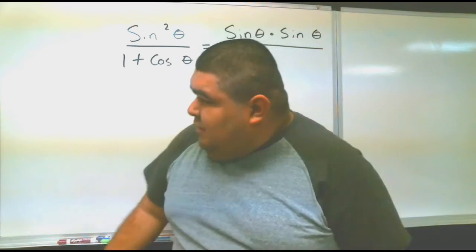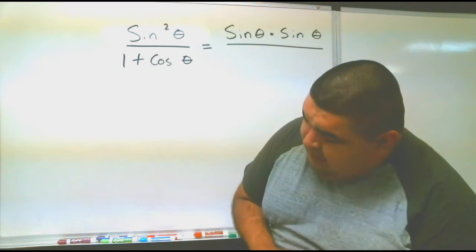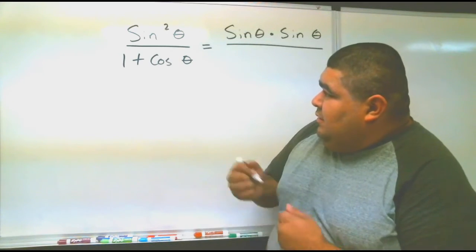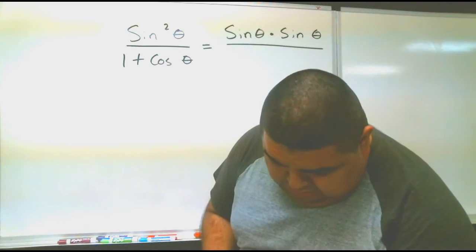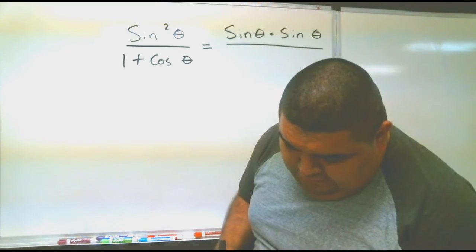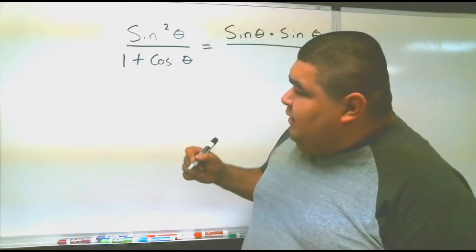Which, if we convert this, 1 minus cosine theta, it becomes sine squared theta. Because we have cosine squared theta plus sine squared theta equals 1.